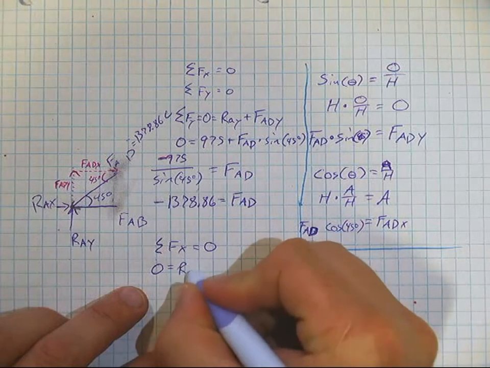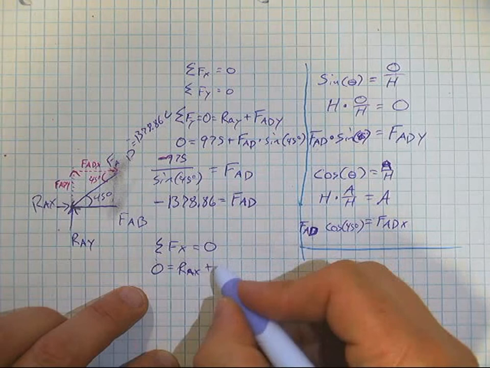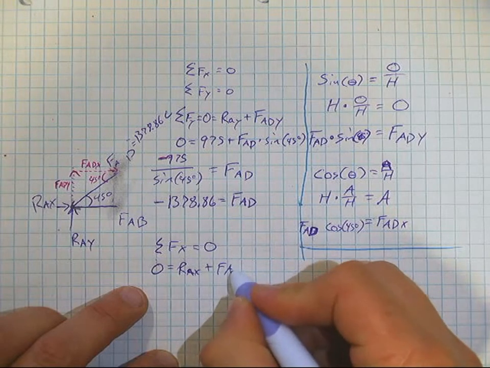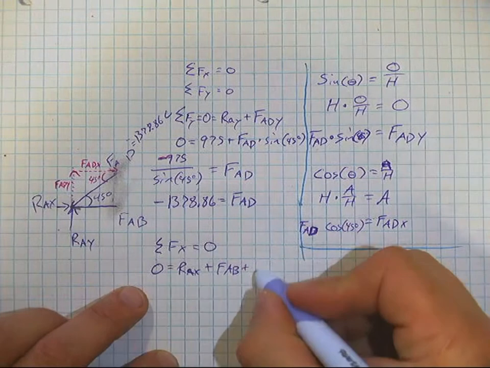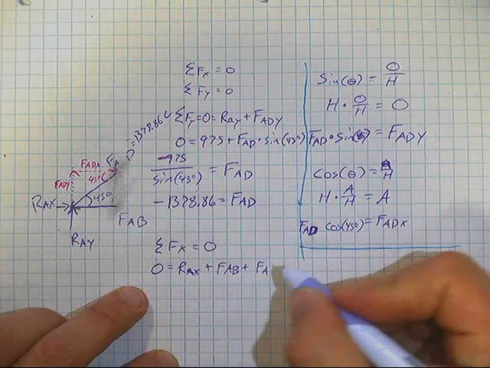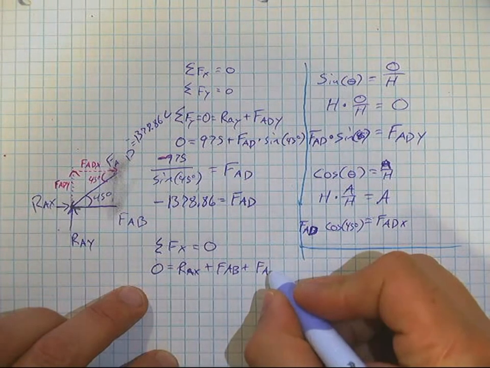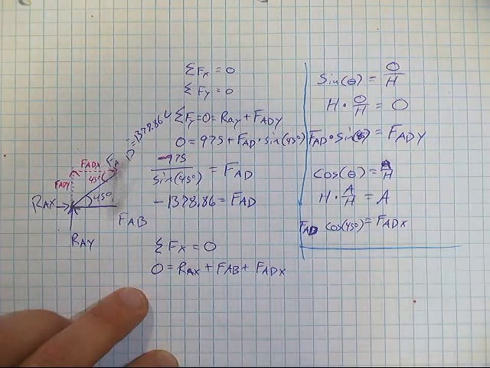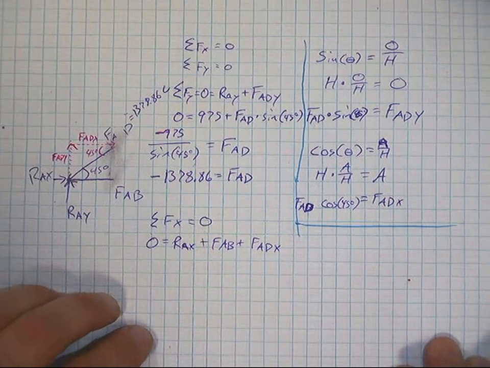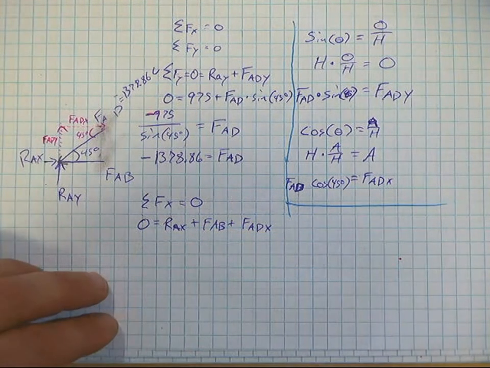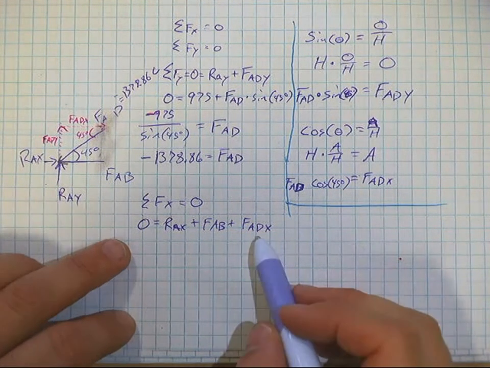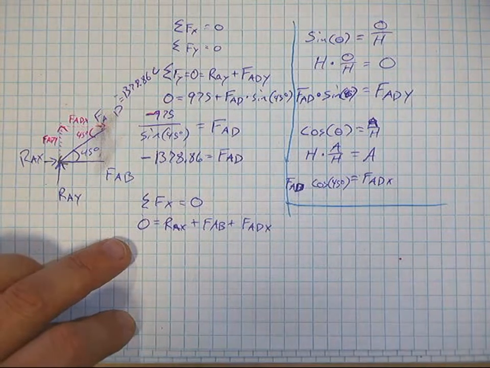So we have RAX plus FAB plus FADX, which is our other X force, the x component of FAD. Now we're summing those forces, and we start to substitute in.